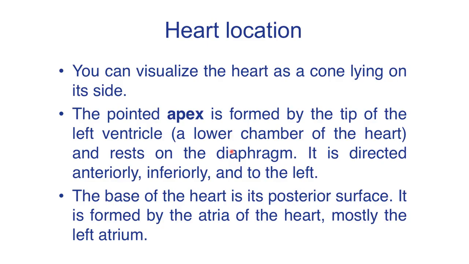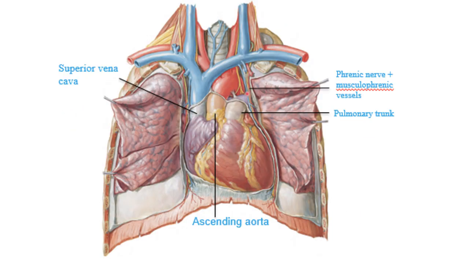Again, you can see some of the structures which are found in the superior mediastinum. For instance, here you can see the trachea, the bifurcation of the trachea, and the great vessels. For instance, this is the left brachiocephalic vein, and this is the right brachiocephalic vein, the arch of the aorta, and the three great vessels emerging from the arch of the aorta.